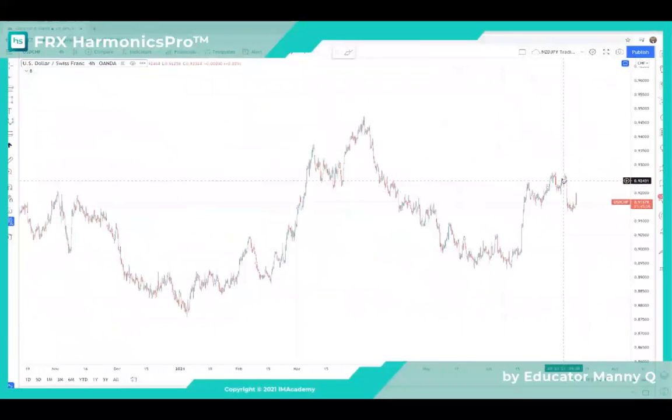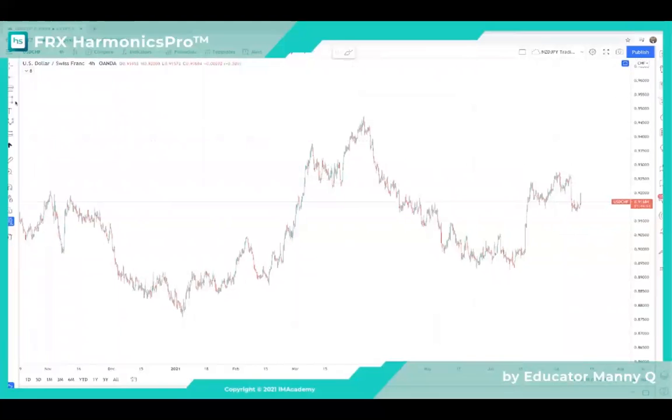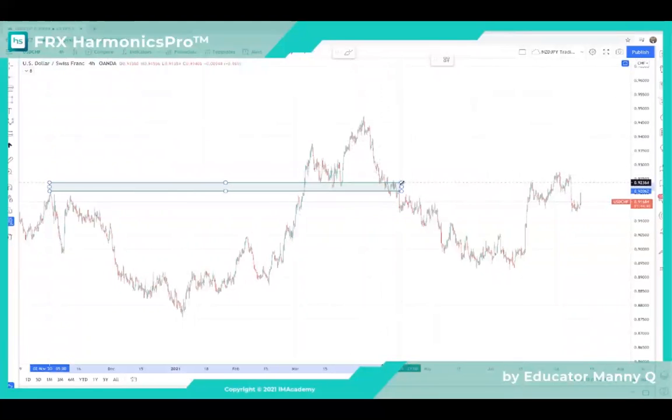All right? Let's delete this. So let's see where we can find stronger price reversal zones over here. And I want to find something very clean and very clear. We can actually go ahead and use this as a strong price reversal zone right over here.